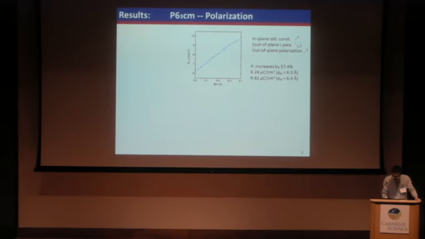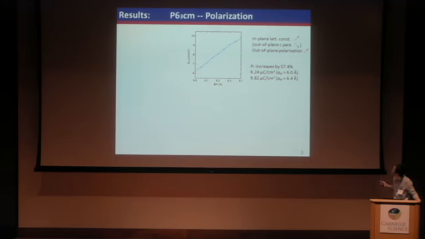We now look at the polarization of this polar phase. As we can see, when the in-plane lattice constant increases, the polarization increases. We should note that for this phase, the polarization is purely along the c direction. It increased from about 6 microcoulomb per square centimeter at this in-plane lattice constant to 9, almost 10, on this side.